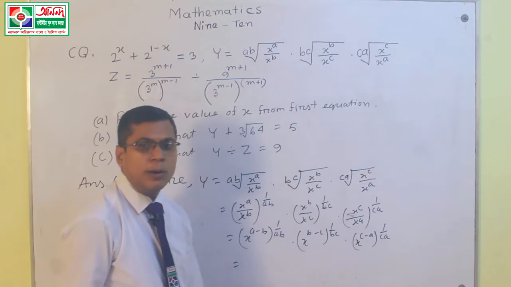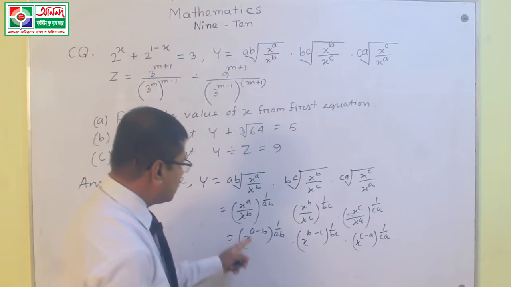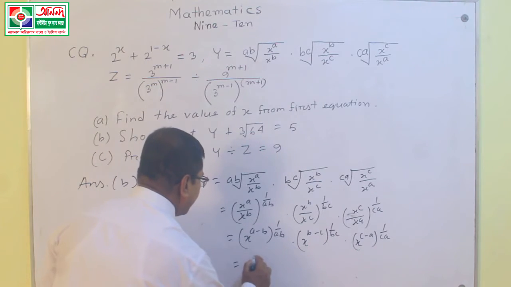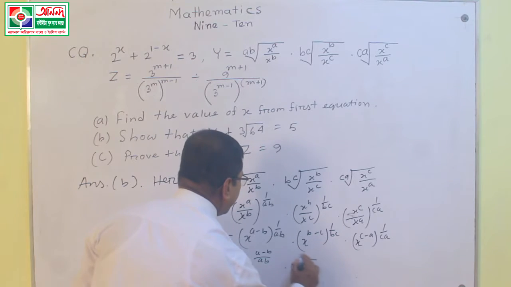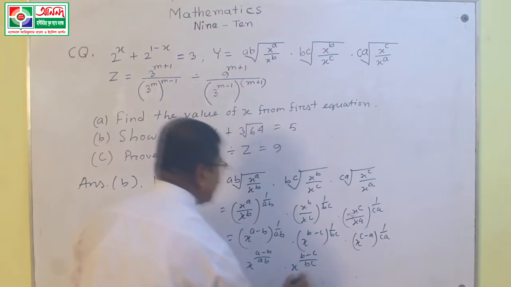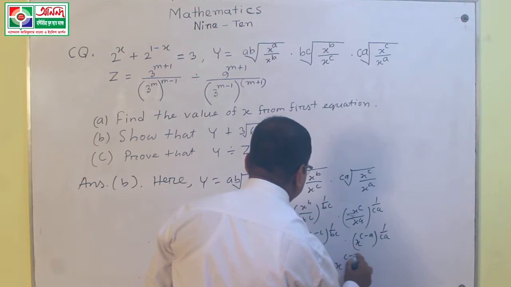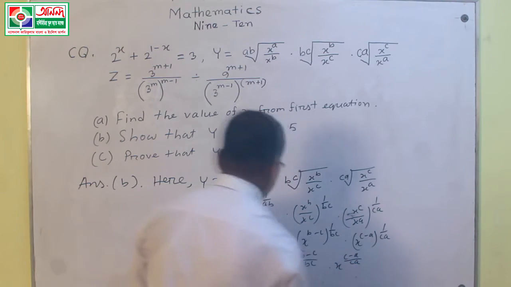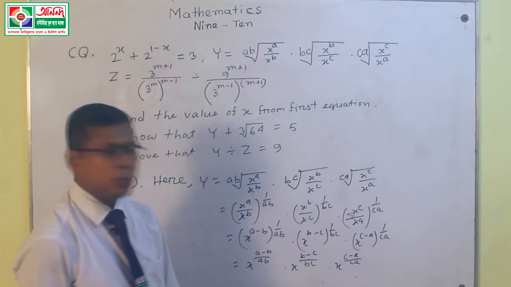We know power on power is multiplied, so we can write x to the power a minus b divided by ab, into x to the power b minus c divided by bc, into x to the power c minus a divided by ca. That is, we can multiply in the power.